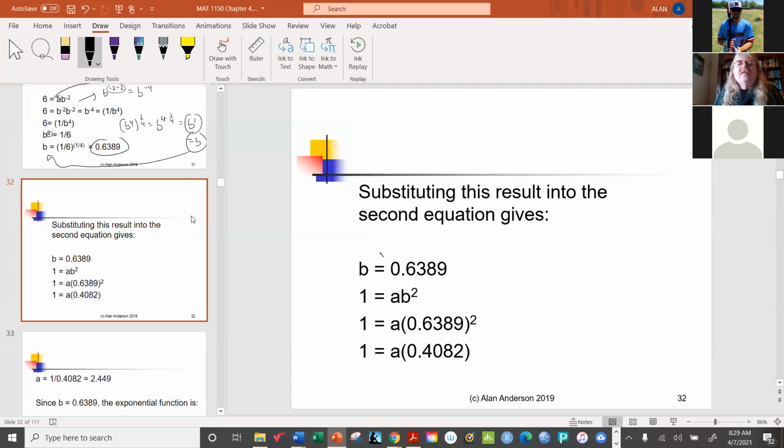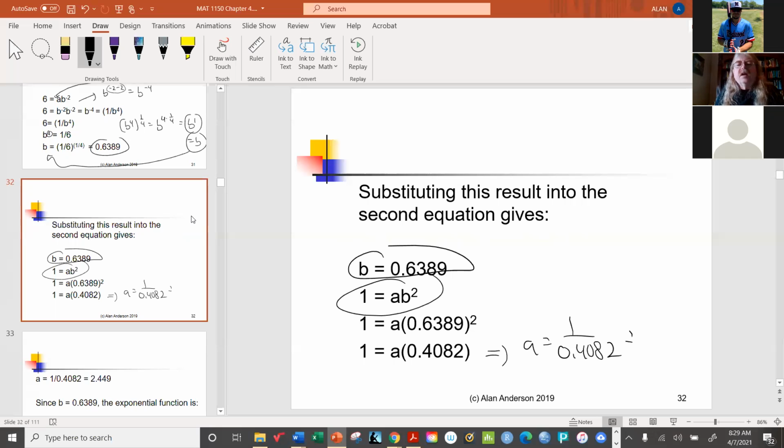So given that we've solved for b and we have this equation, we can just simply replace the b with this number. And you can see that you'll end up with b squared here is 0.4082, which implies that a must equal 1 over 0.4082, which is approximately equal to 2.449.